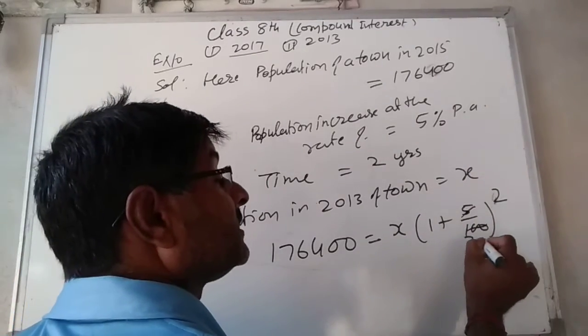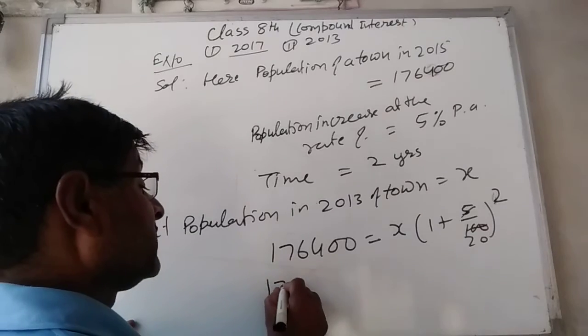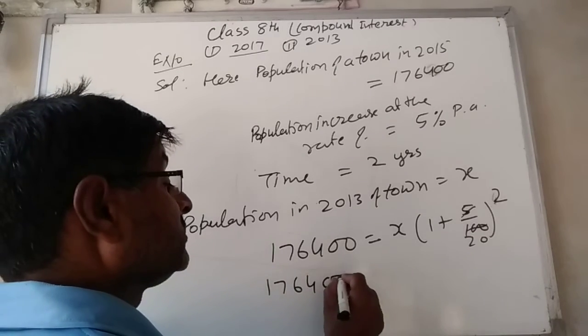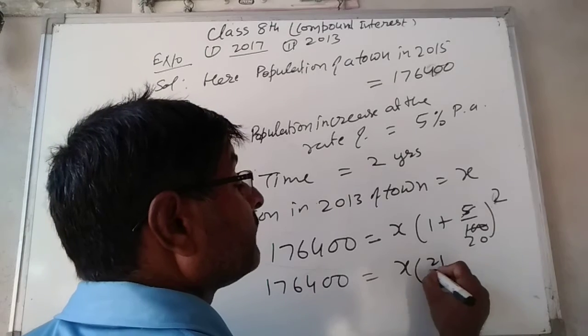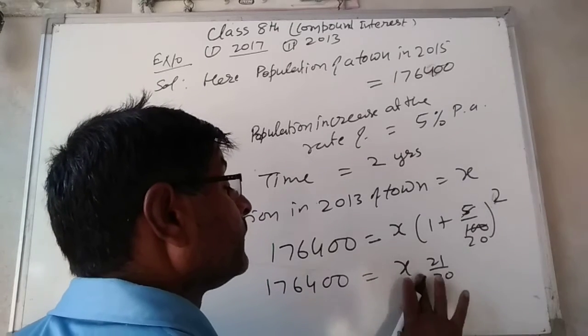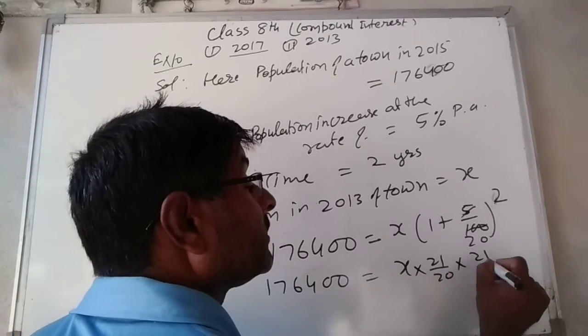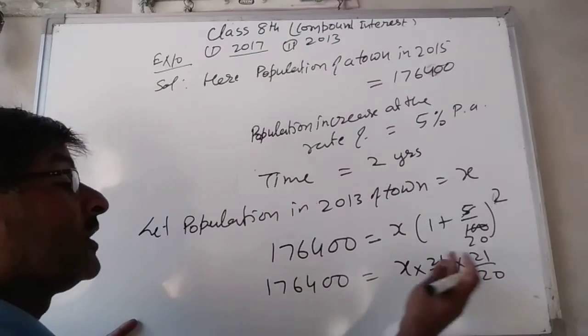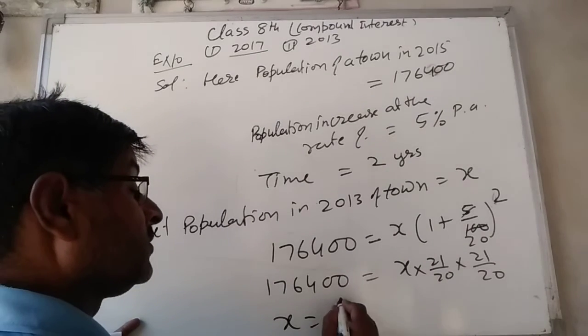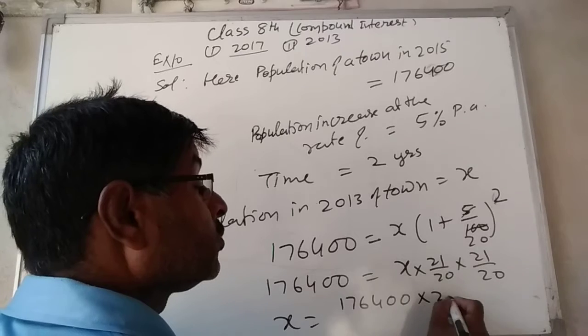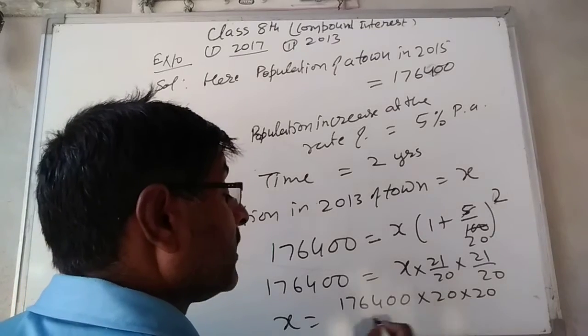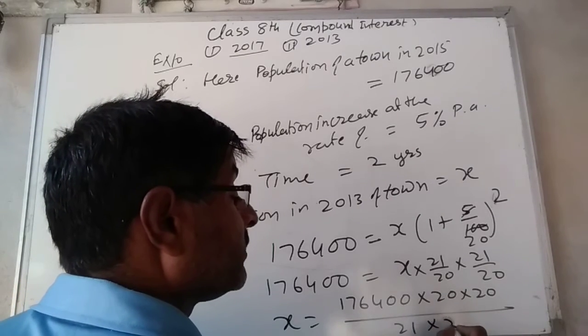Cancel with 5, we get 20. So 176400 is equal to x into 21 upon 20 into 21 upon 20. Transferring both, x is equal to 176400 into 20 into 20 upon 21 into 21.